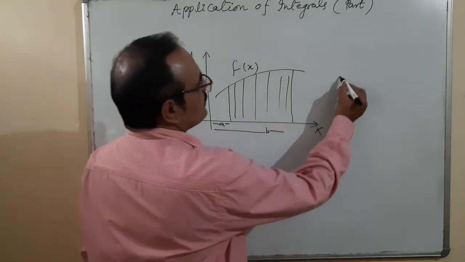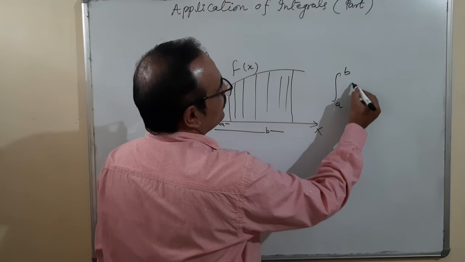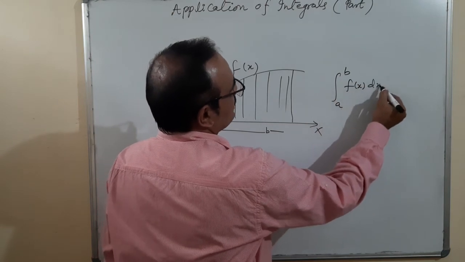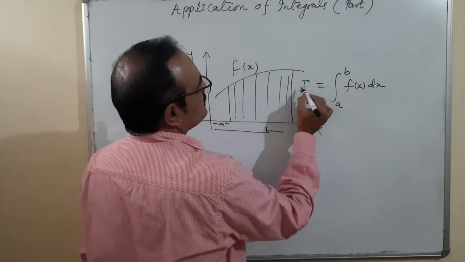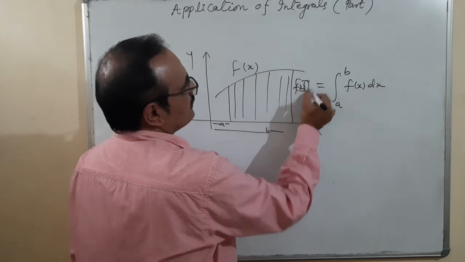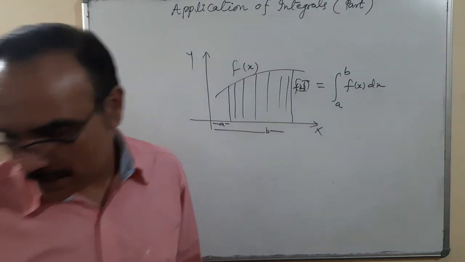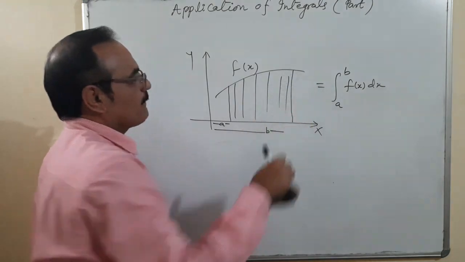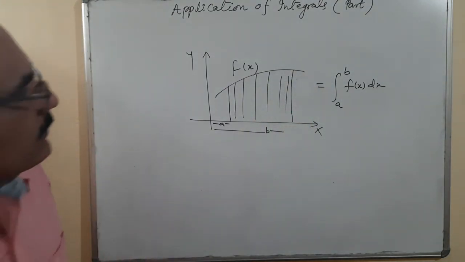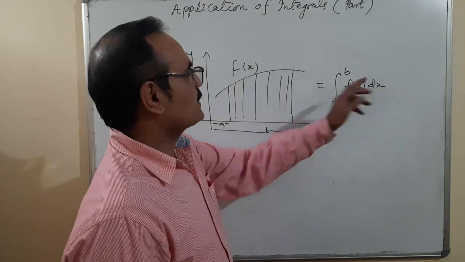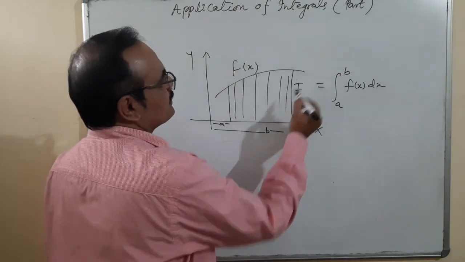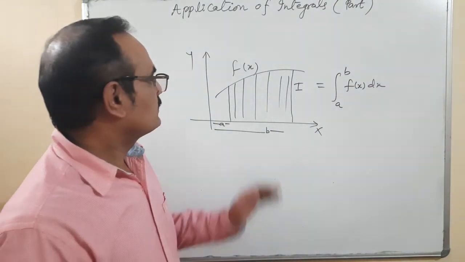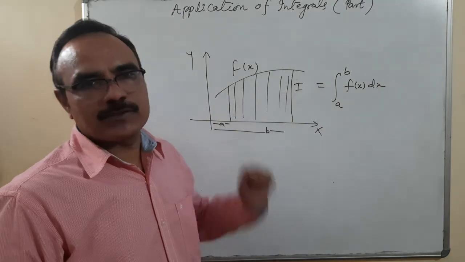We use the term integration, limit a to b, f of x dx. When we integrate this term, the integral from a to b of f of x dx is equal to the area of this portion.